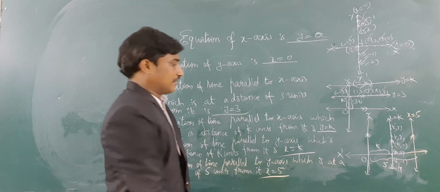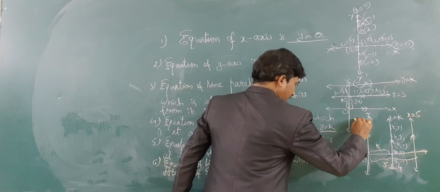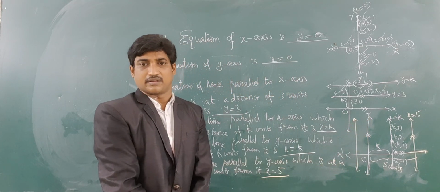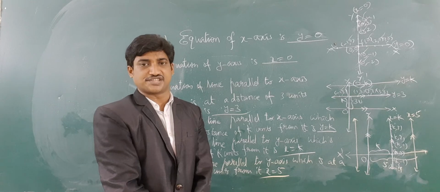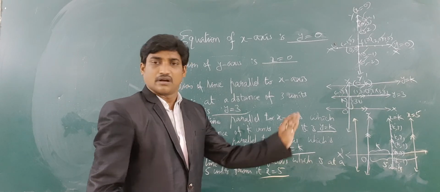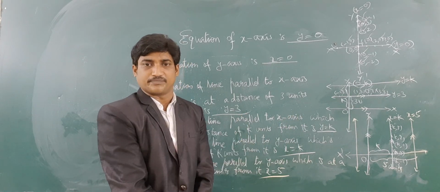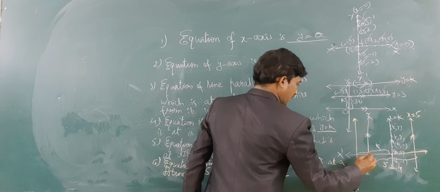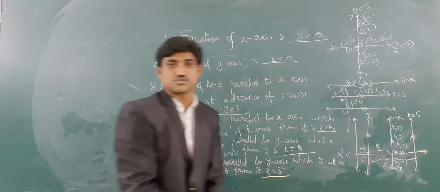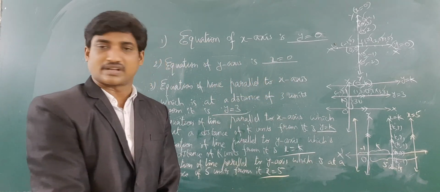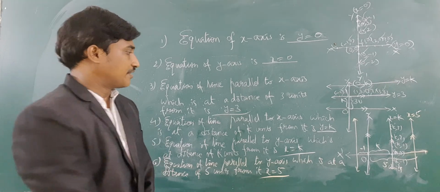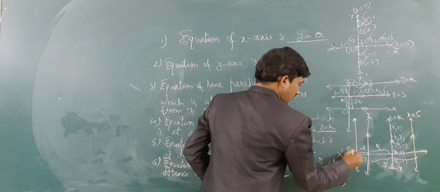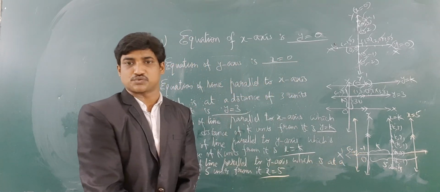If the line is parallel to y-axis at a 1 unit distance towards negative x-axis, 1 unit, but as it is towards negative x-axis, the point is -1 on x-axis: (-1, 0).